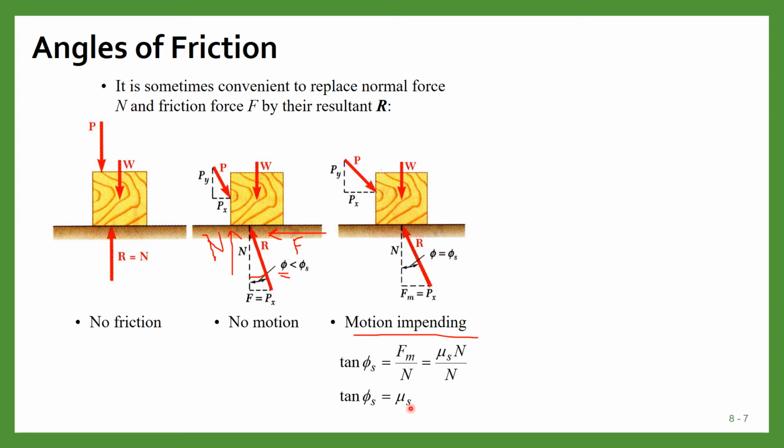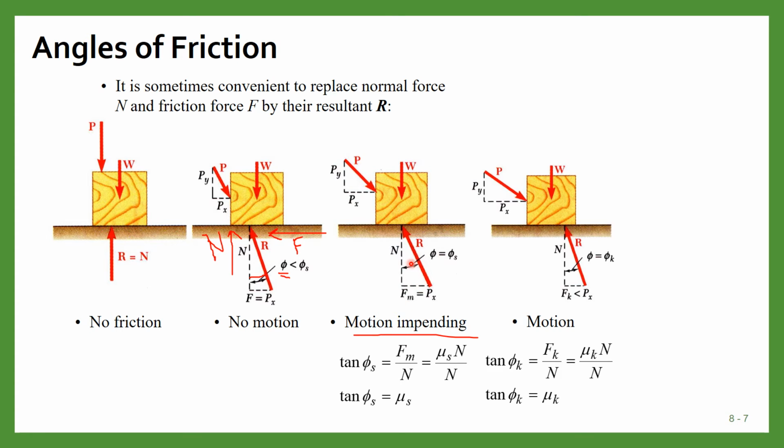So the coefficient of static friction we can find by taking the value of the tangent of this angle. Similarly, when motion starts, then we call this angle phi equal to phi k, and tan phi k will be equal to mu k.